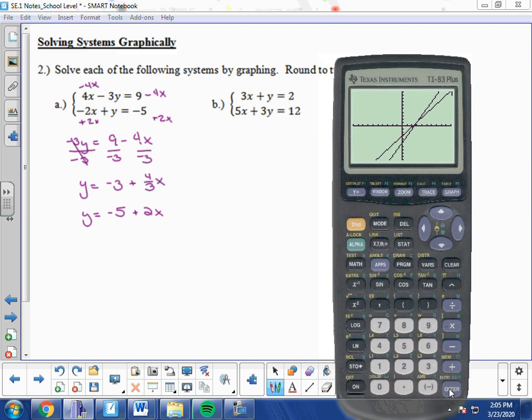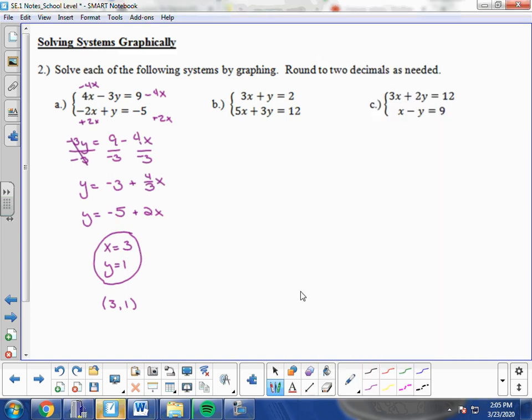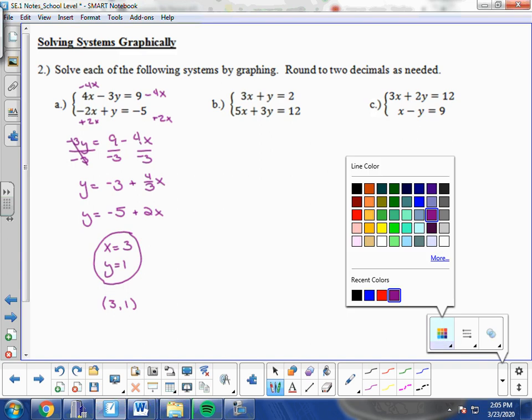It'll ask you to guess, you don't need to worry about guessing, and there's our answers. X equals 3 and y equals 1 would be the solution to this system of equations. Now if you wrote that as 3, 1, that would also be okay. So again, what we want to do here is we want to get y by itself, then graph and find the intersection point. Let's go ahead and take a look at another example.